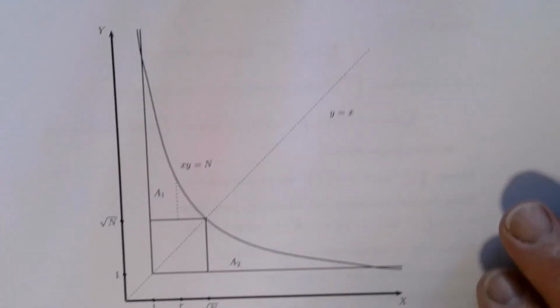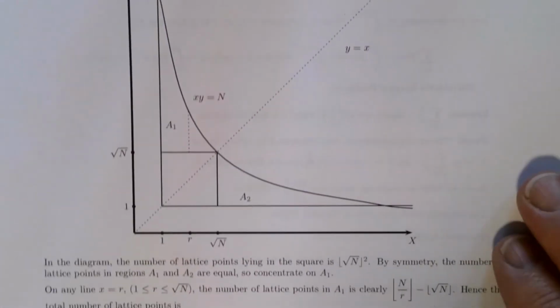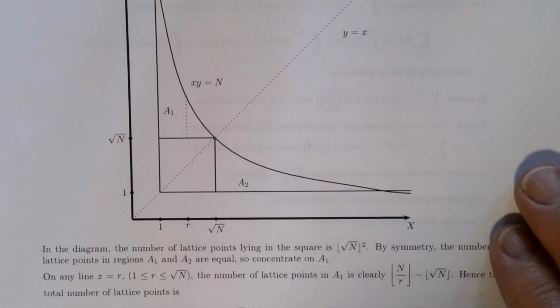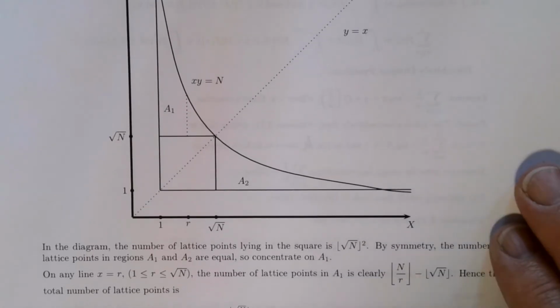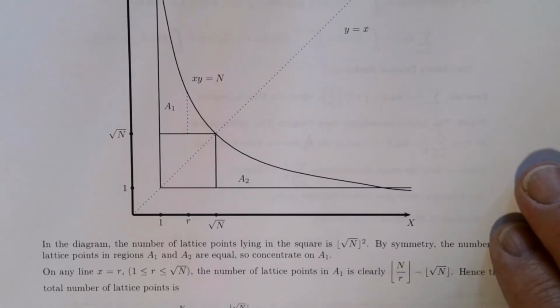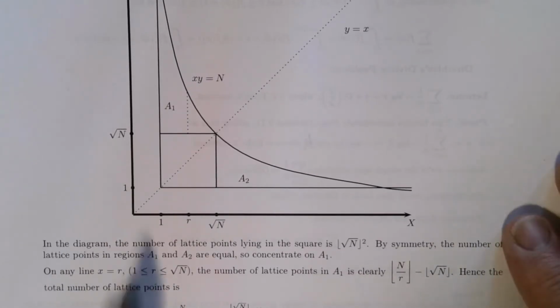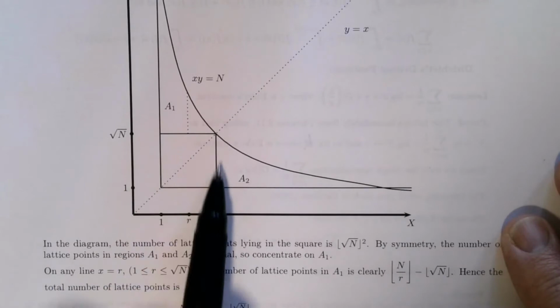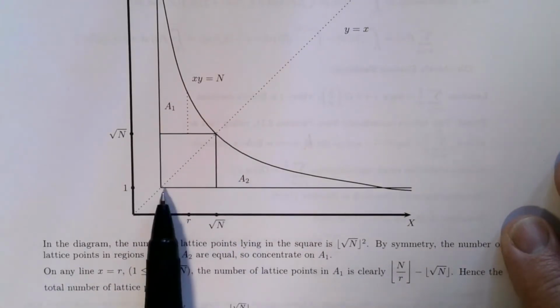So here's our hyperbola xy equals n, and in the diagram I'm going to look at this particular little square in here, so I'm going to go across to root n and up to root n.